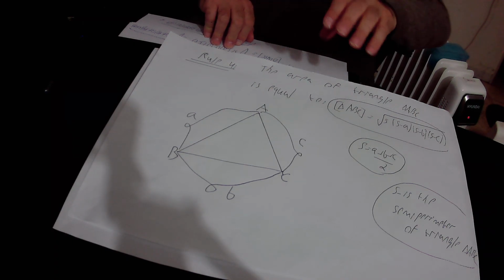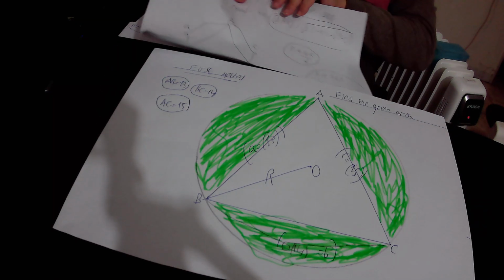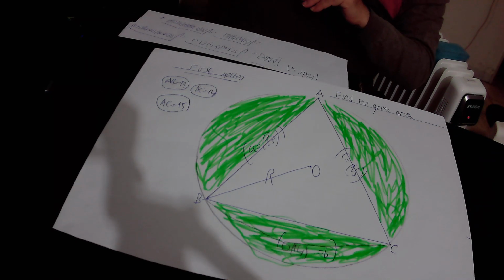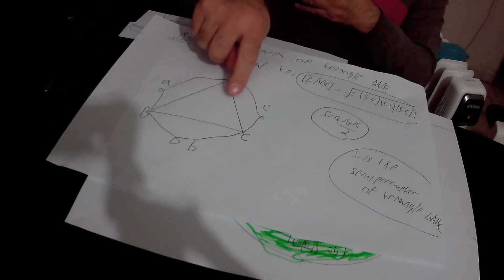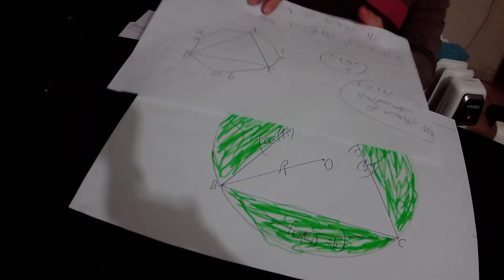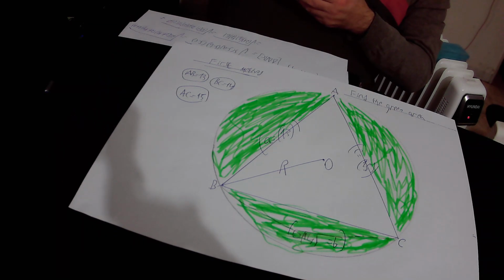So we can actually implement rule number 4 in our drawing. Why? Because in our drawing, this triangle ABC could be any triangle. Therefore, that is the reason that we can implement the new rule in our triangle ABC.